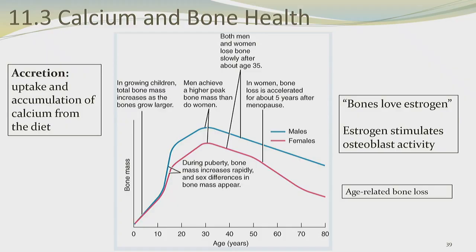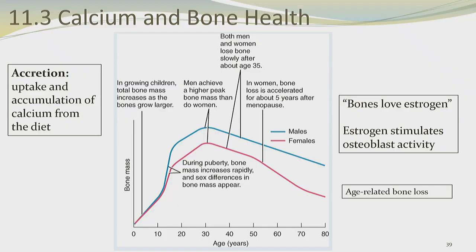As we can see with males, there is a gradual decline in bone mass. However, women, on the other hand, at about age 50, as a result of menopause, do suffer a more dramatic loss in bone mass. And you can see this by the changing slope of the line. And so we can see males shown here as well.